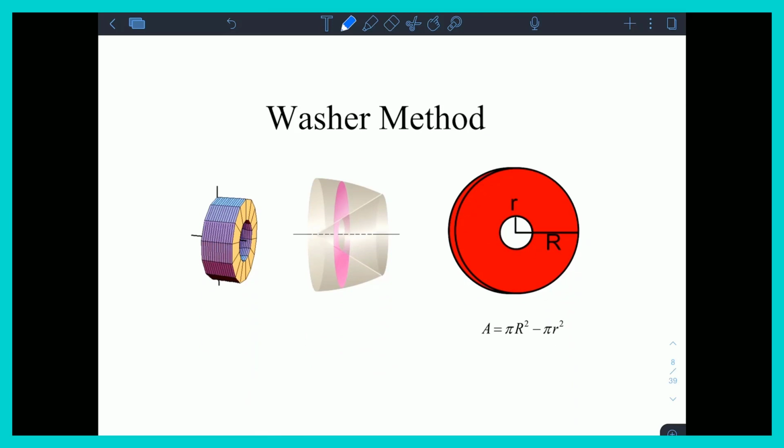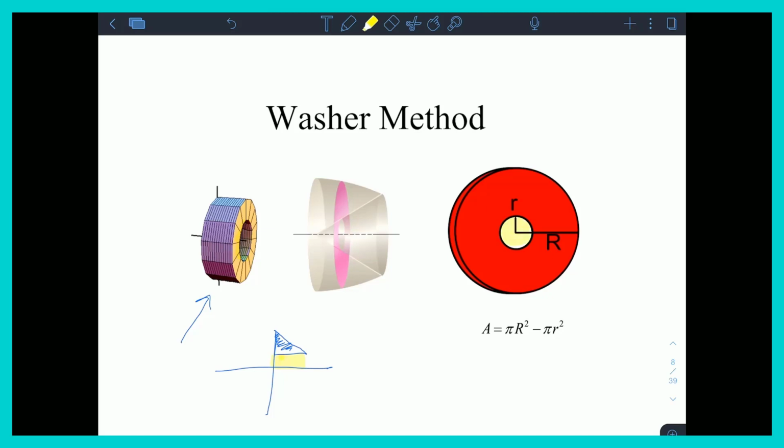The second situation is a washer. We already saw a picture of what a washer could look like. You get a washer when the area that you're revolving is not snug up against the x-axis. For example, take this triangular region. What if we revolved it about the x-axis? Because there is a gap between the curve and the axis of rotation, there's an inside circle that I'm highlighting, shaded darker.